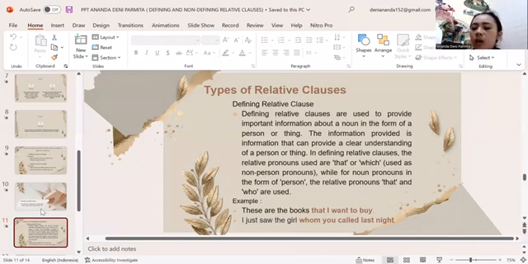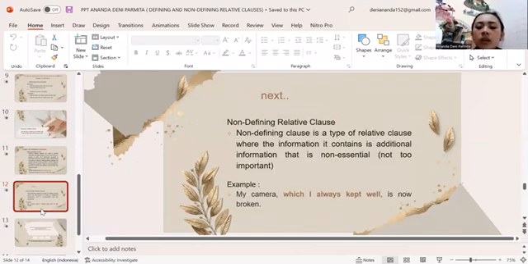Here, that I want to buy is a defining relative clause. And then: I just saw the girl whom you called last night. Here, whom you called last night is a defining relative clause.